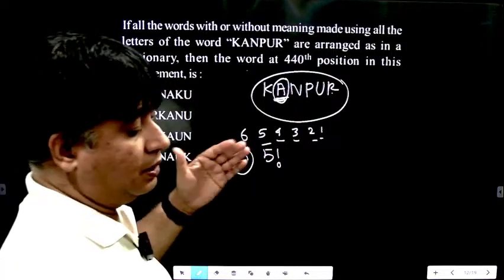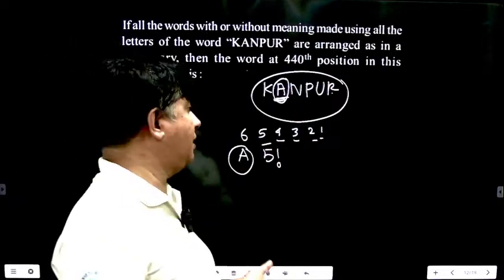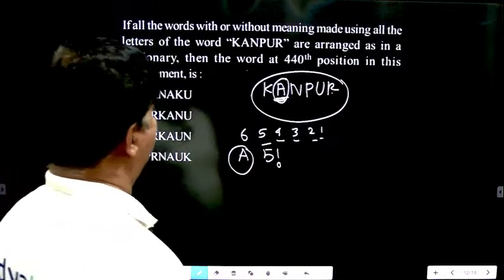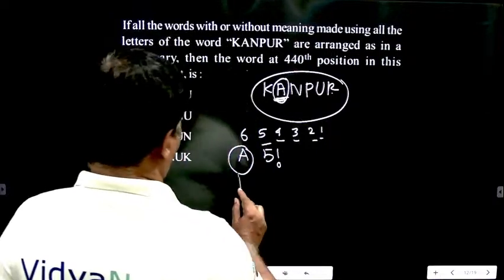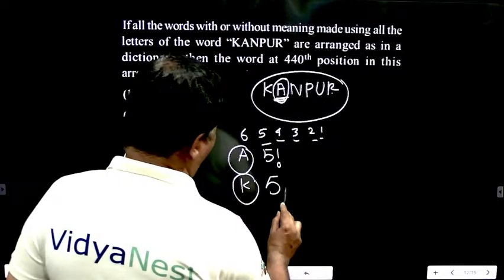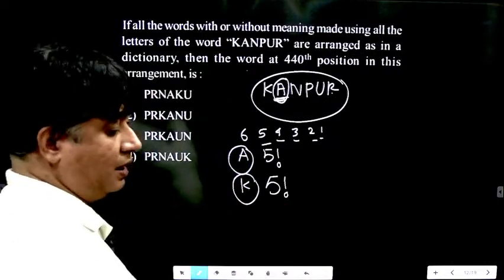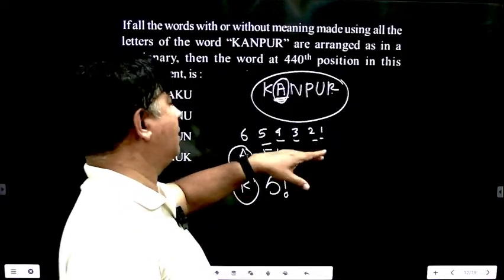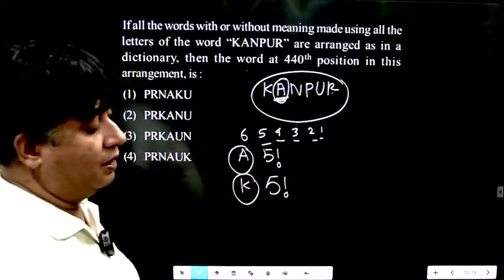Now, according to the order of the letters in the dictionary, after A, what should come? K. If I fix K, then also factorial 5 arrangements will be got to fill up the remaining 5 places by the remaining 5 letters.